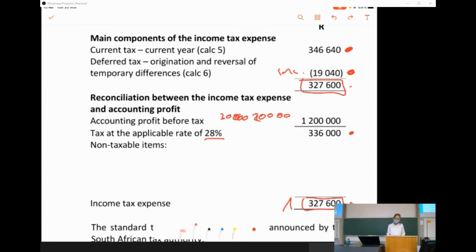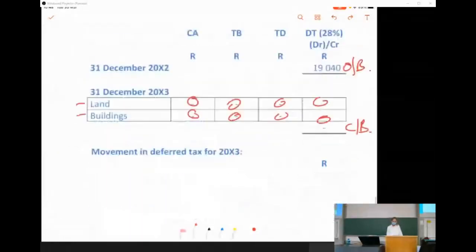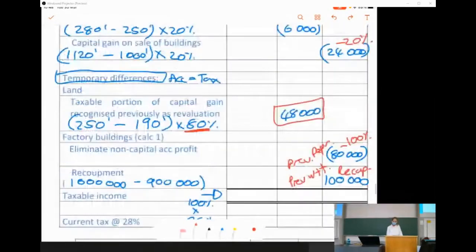Good. So in my note, the reconciling items here are going to be non-taxable items. So the non-taxable items will be that 20% that's exempt from tax. Remember, here we take the full amount, multiply by 28%, but 20% of my capital gains will actually be exempt. So the first one is the gain on the sale of land. So that was the 6,000. Where's that 6,000? Go find it here in my deferred.